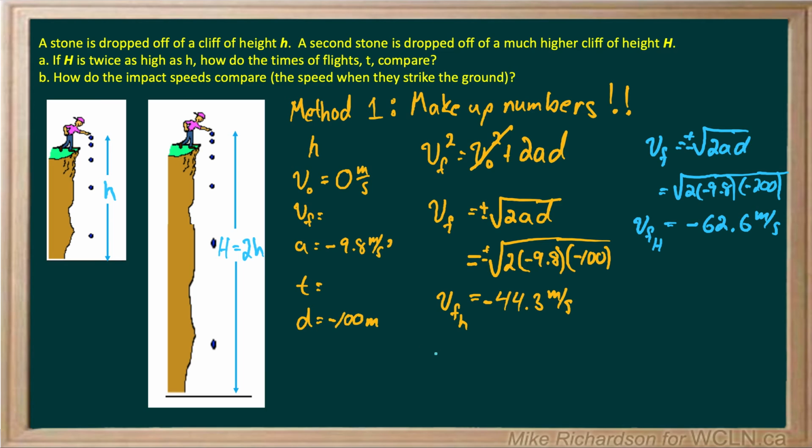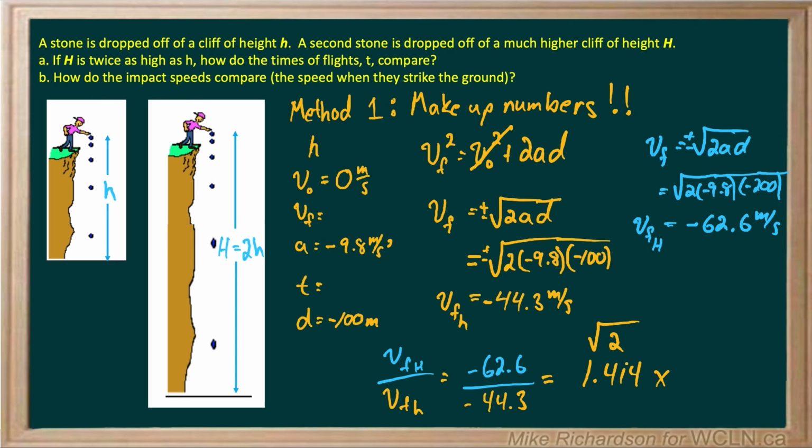What is that factor? So if I go v final H all divided by the smaller one, v final lowercase h, I get negative 62.6 divided by negative 44.3. I get this magic number again of 1.414, which we know is root 2.